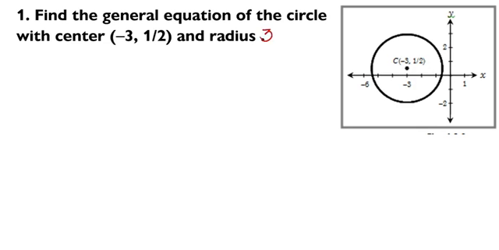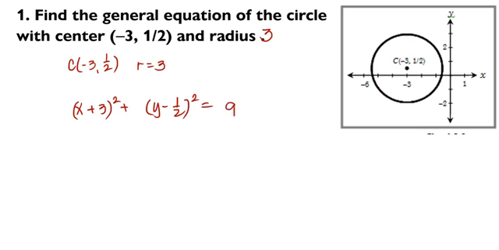Okay. So, since C is negative 3, 1/2, radius is equal to 3, x plus 3 squared plus y minus 1/2 squared is equal to 9. So this one is your standard form.